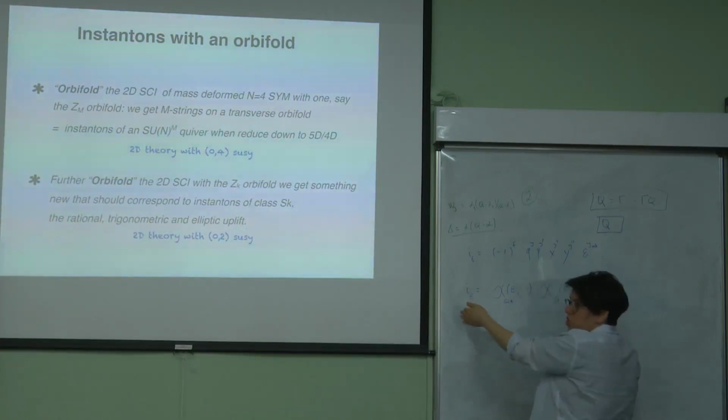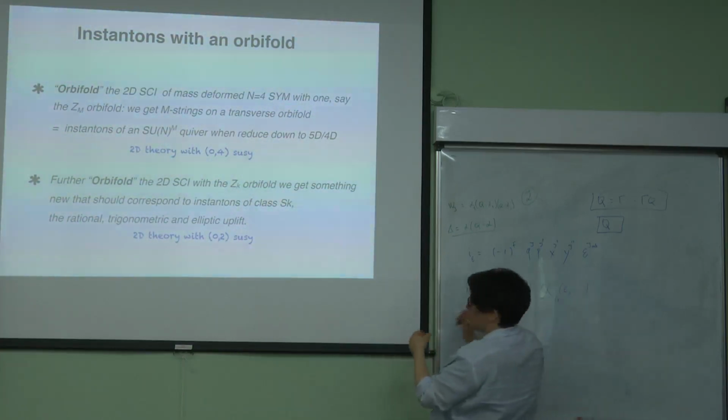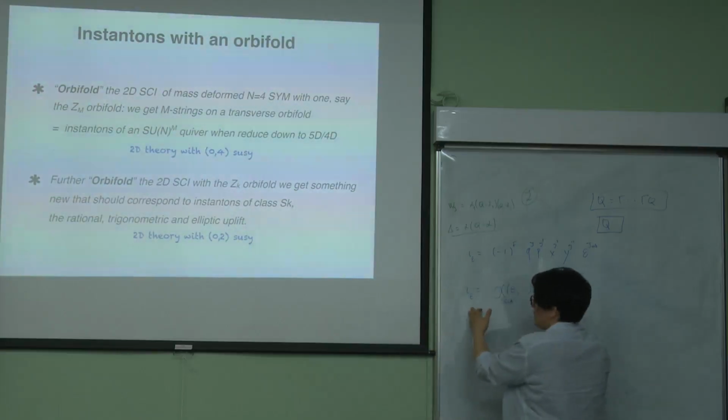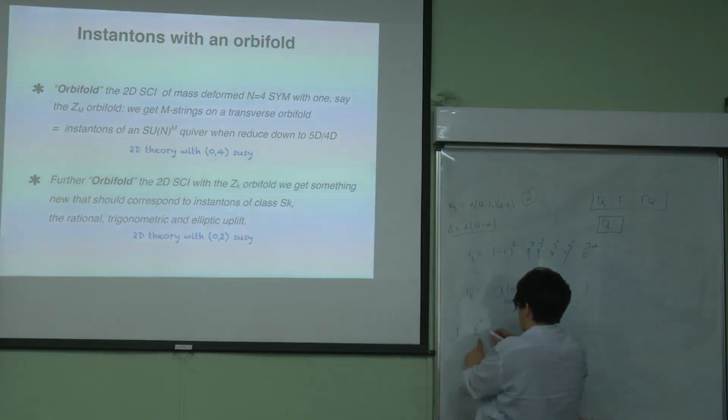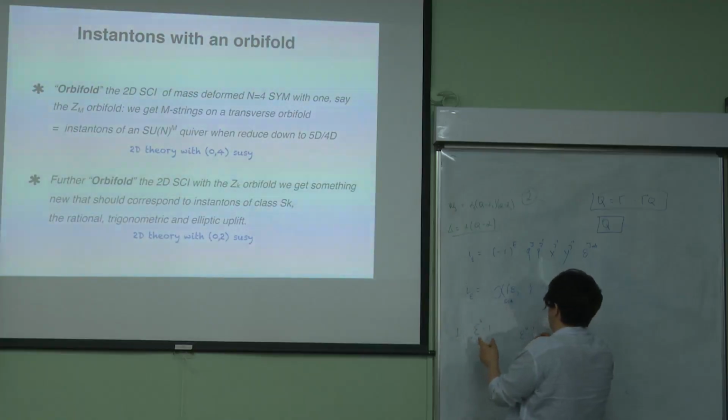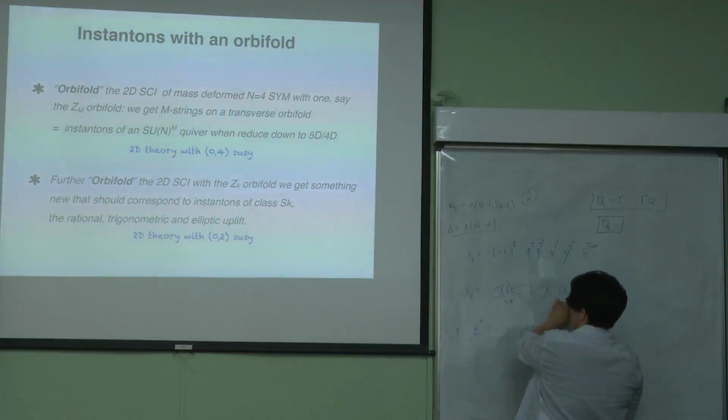You need to now project out all the states that are not invariant under the orbifold. So if you have 1, or if you have e to the k, or multiples of that, this you keep. This is equal to 1. But if you have e to the k minus 1, you have to drop it. So that's what you do to this index.